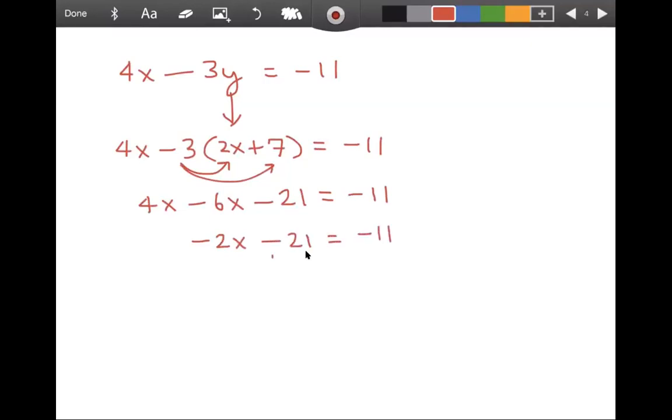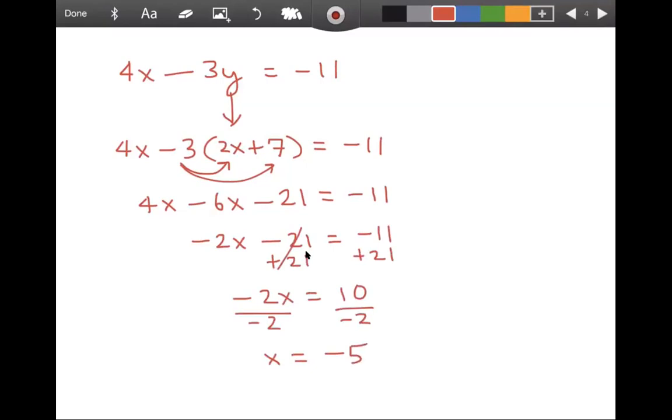And then adding 21 to both sides, we get -2x equals 10. And we divide both sides by -2, and we get that x is -5.